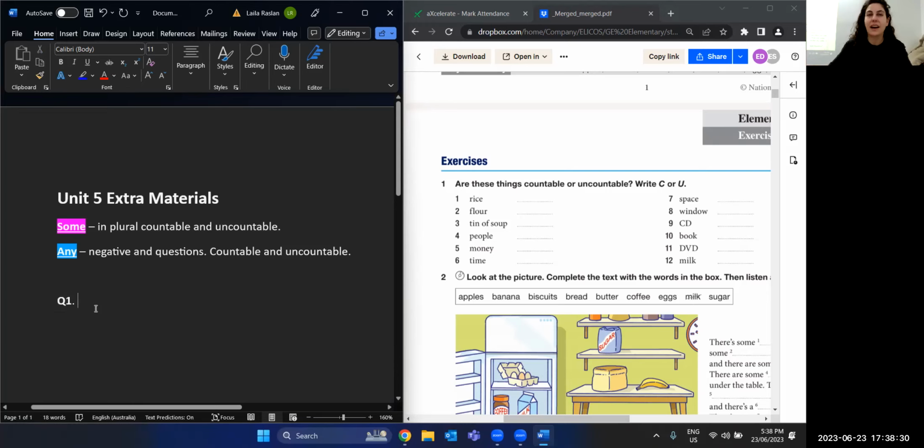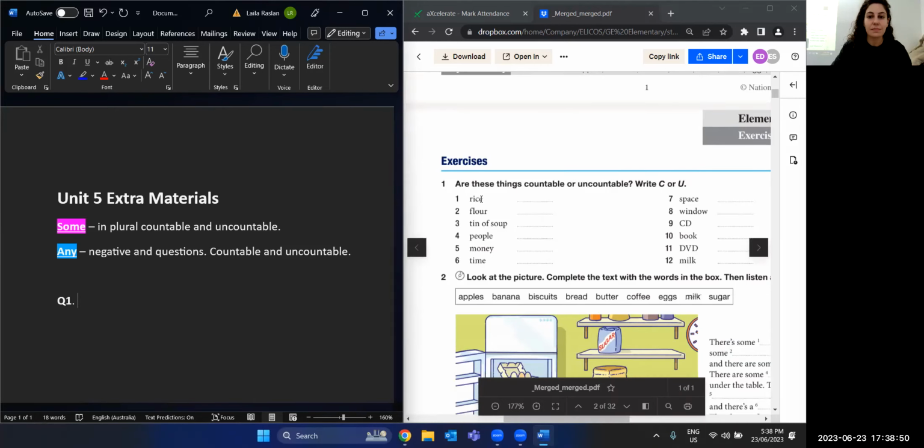When I ask, I want rice, but with a number, how do I ask about that? I don't say I want 2 rices. What do I have to say? I want a kilo. Yeah, I want a kilo of rice. I want a bag of rice.